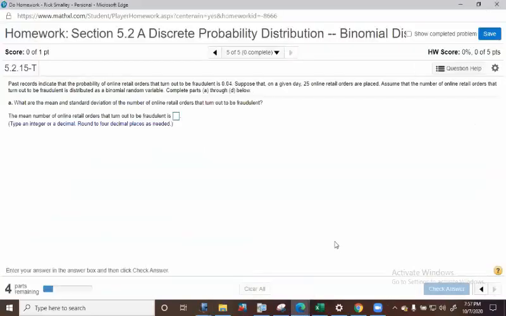All right, so you see the probability online orders are fraudulent is 0.04. So there's your P, which they call pi here. 25 orders are placed. Assume that online retail orders that are fraudulent is binomial. Mean and standard deviation. Okay, mean is just n times p.